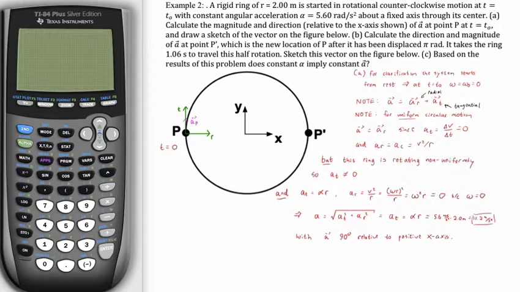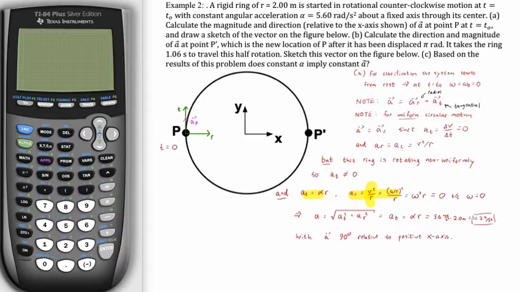In this case, since our point P is along the radius of the ring, it will be the full radius. If we were looking at some other point somewhere in the middle, then we would have a different radius, so we could have some r prime, for example. But in our case, the distance to P is the full radius of the ring. Okay, and then we also have the radial component.